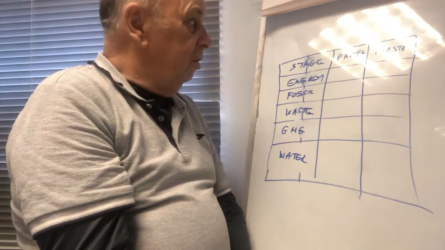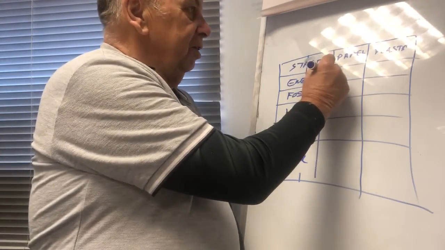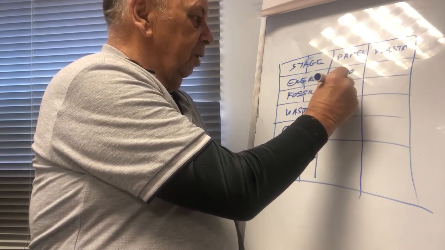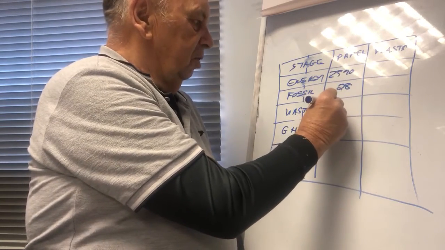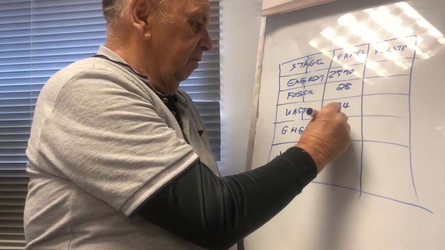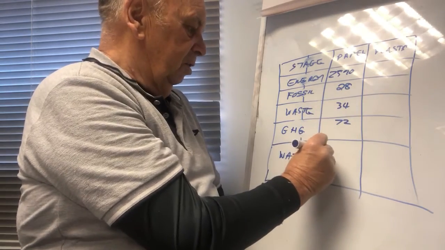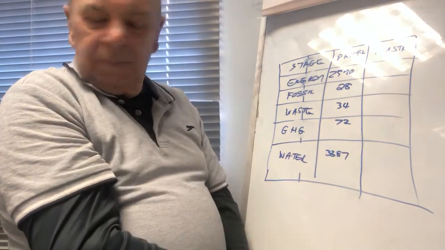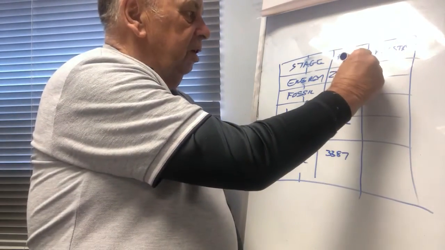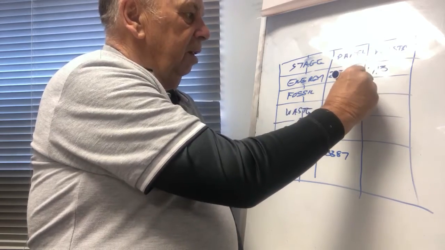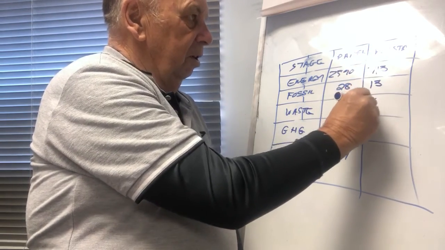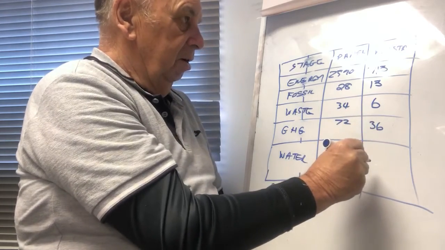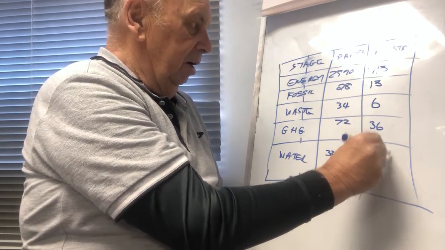I've got a very good memory. That is 2590 kilojoules, that's 28, that's 34, that's 72, and that is 3387. And this is 713, that is 13, that is 6, that is 36, and that is 198.